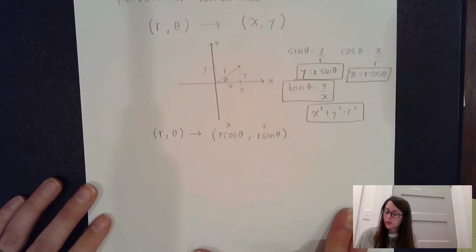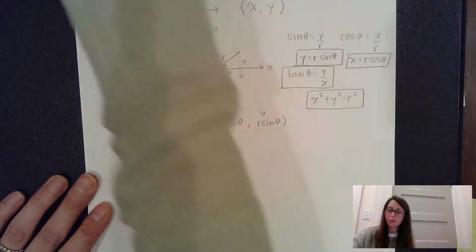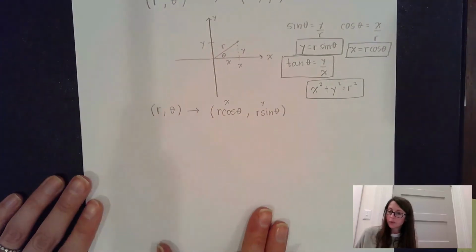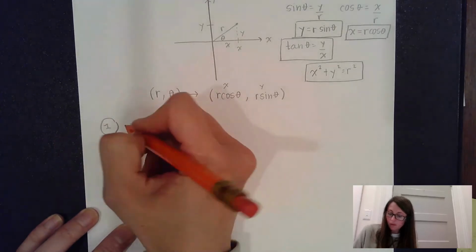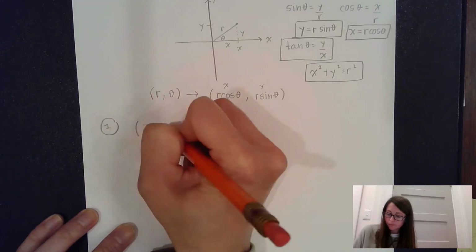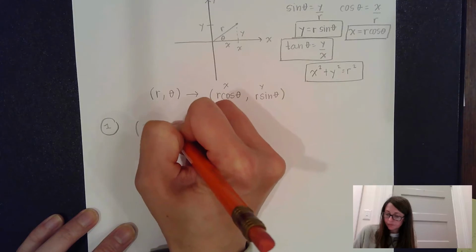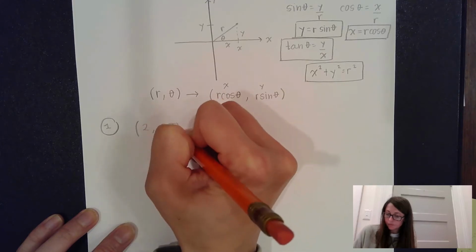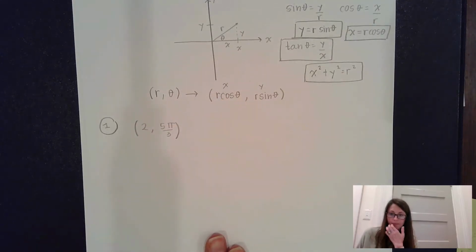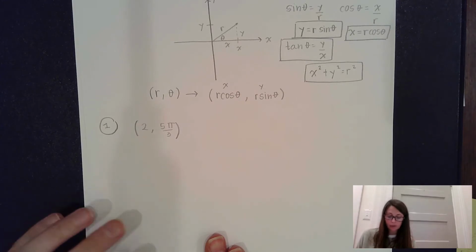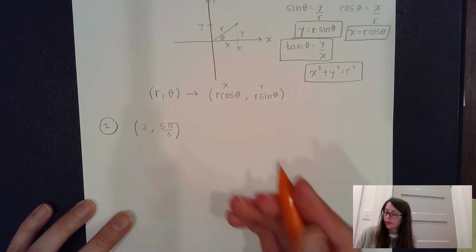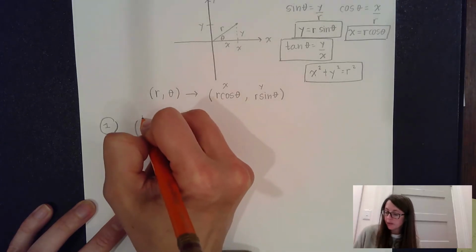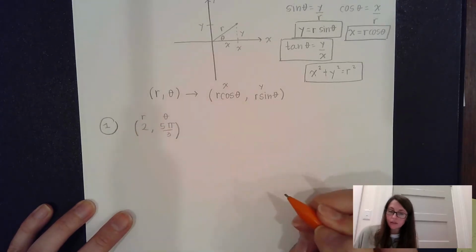Okay, so we're going to convert these from polar coordinates to rectangular coordinates. So we're going to go from polar to rectangular. Here is my r and here is my theta.